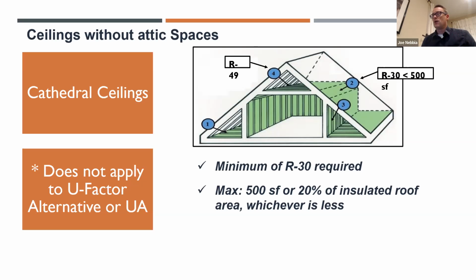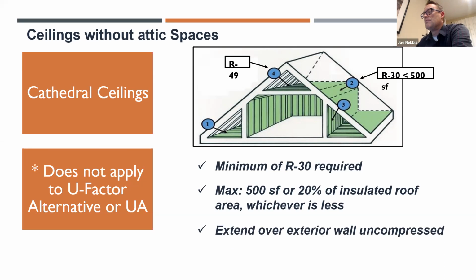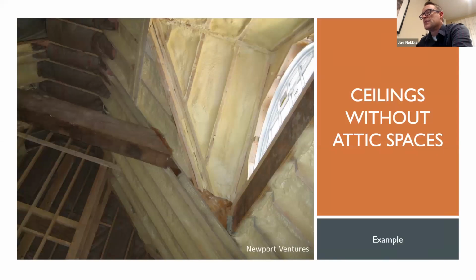You can go down to an R30 for just a small portion of the roof. This is an example of a cathedral ceiling, a vaulted ceiling where you don't have an attic space. Again, you can't do that R30 for the whole attic, though.